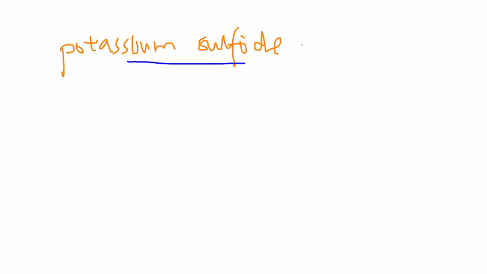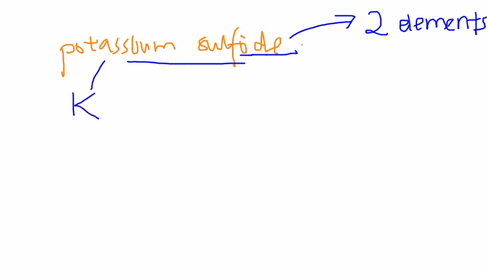If you are sharp enough, you will realize that this compound name ends with IDE. And when an ionic compound name ends with IDE, it means there are only 2 elements present. Only 2 elements. And we know that one element is potassium. Hence, the other element must be sulfur.